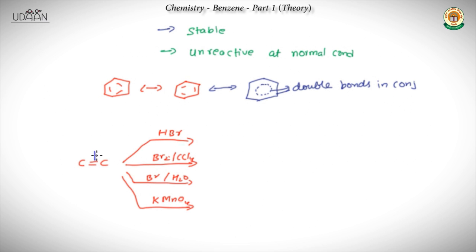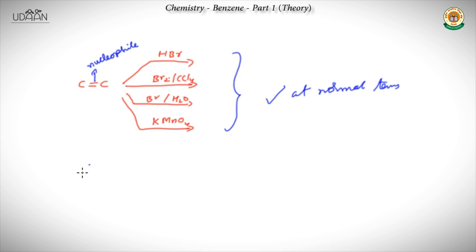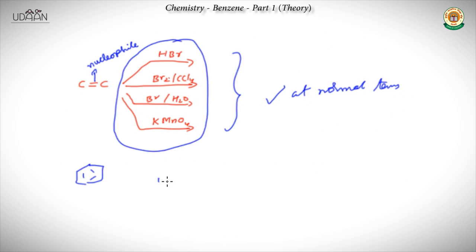So you know that in general it undergoes electrophilic addition reaction since this is a nucleophile. But also observe that these reactions are possible at normal temperature. But if you take benzene, if you treat it with all these same reagents, it's not going to react at normal temperature.